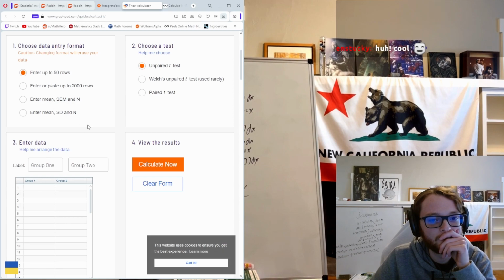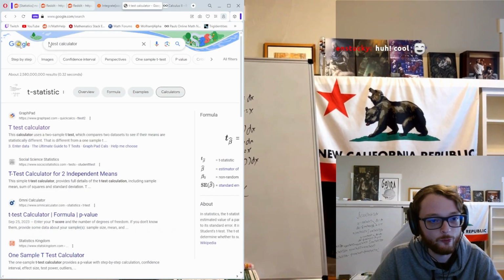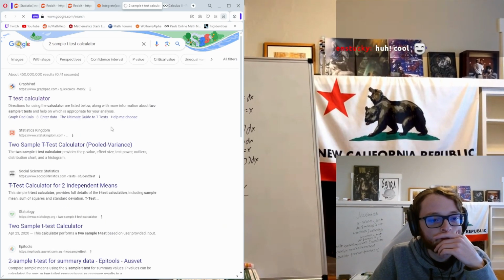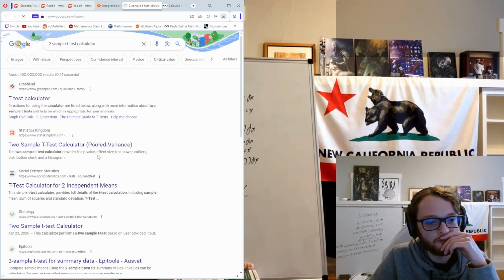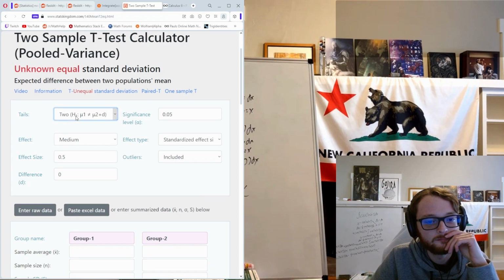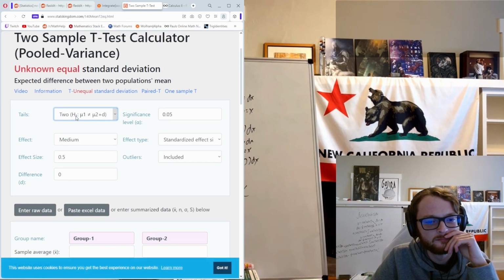A t-test calculator. Actually, I would need a two-sample one. I just want to make sure I'm doing this right. I don't know what the plus d is, but I'm going to choose to ignore that.